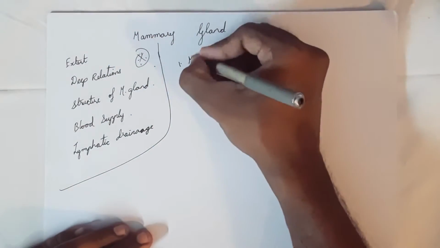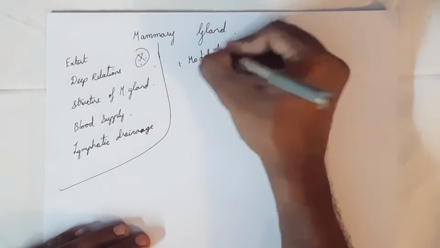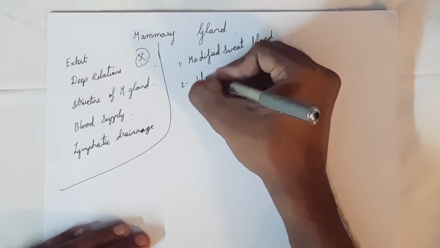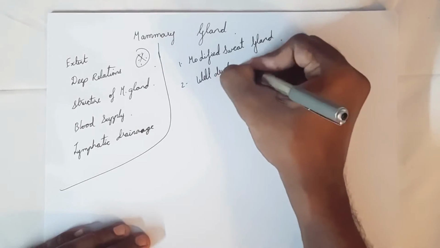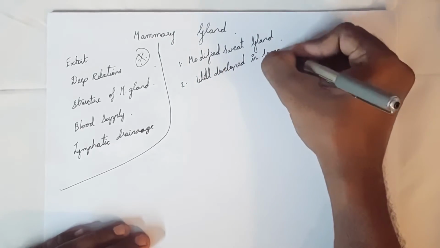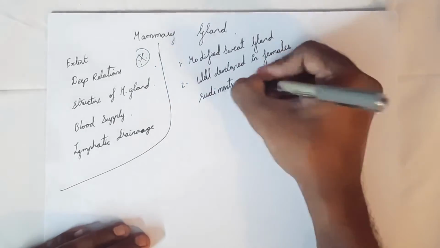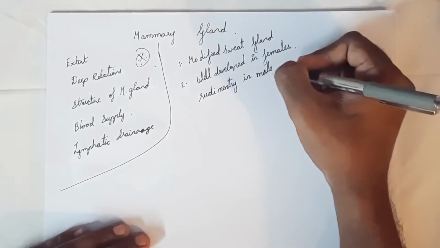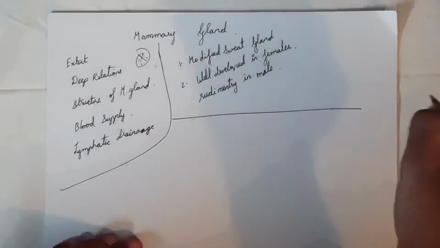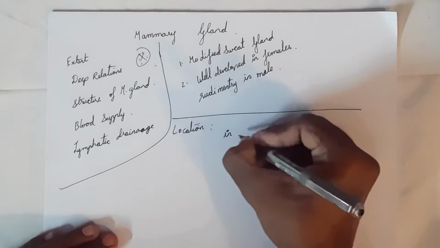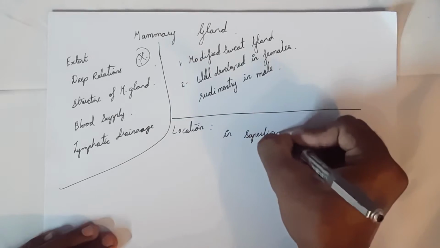So, the mammary gland is nothing but a modified sweat gland. It is well developed in females and rudimentary in males. Location: it is located in the superficial fascia of the pectoral region.